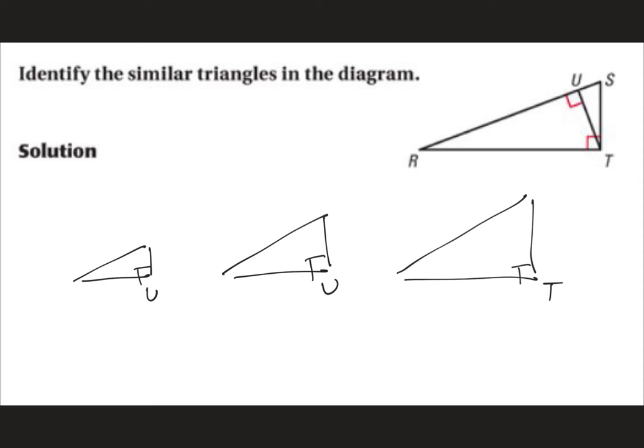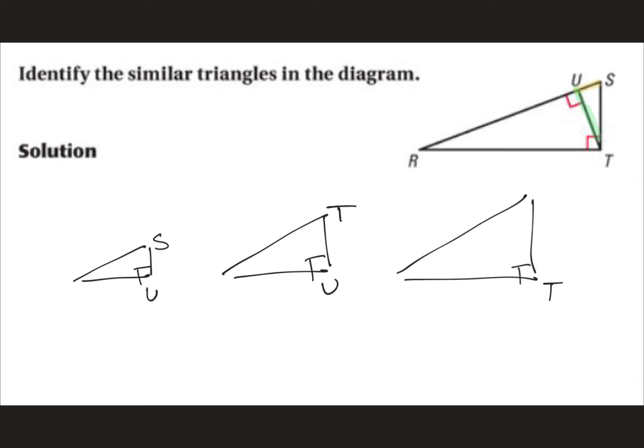Now we're going to look at the short sides of each triangle. So in the small triangle, the short side is US. So let's label that, U to S. In the medium triangle, the short side is UT. So we're going to label UT.